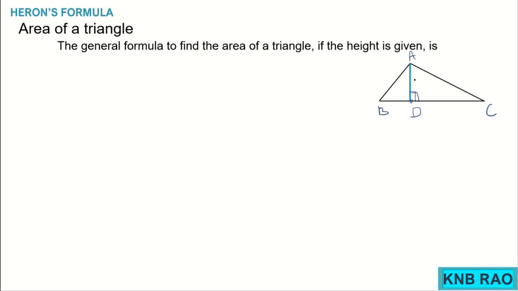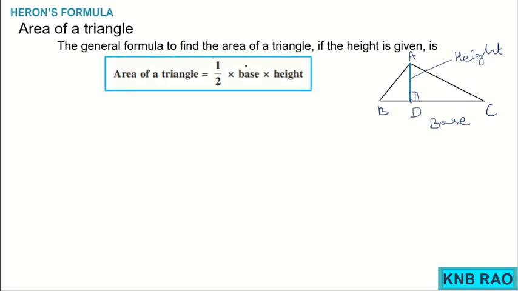Now this AD acts as the height corresponding to the base BC. Okay, if I consider the base as BC, the corresponding height is AD. So if I know the height of a triangle, its area will be half into base into height.